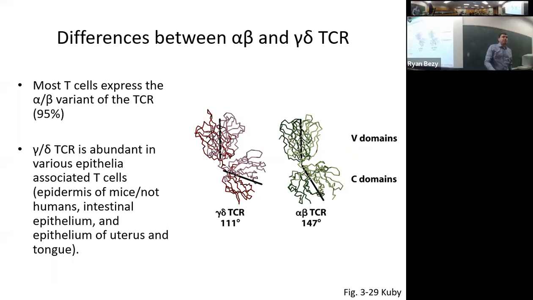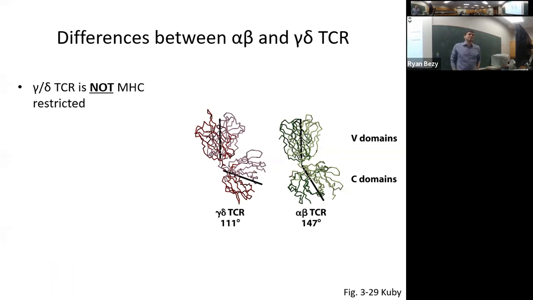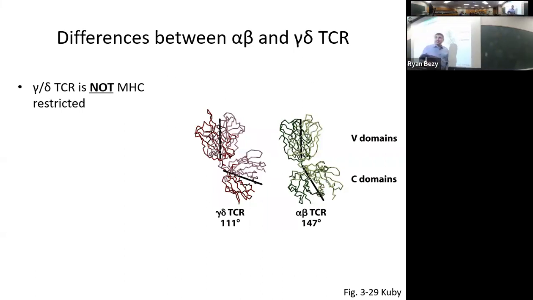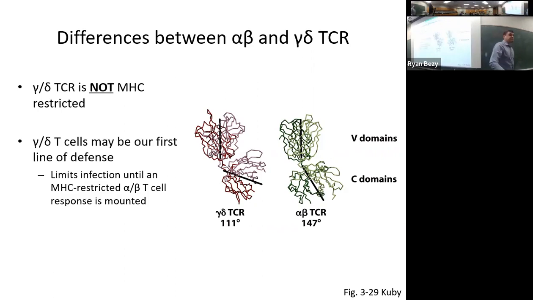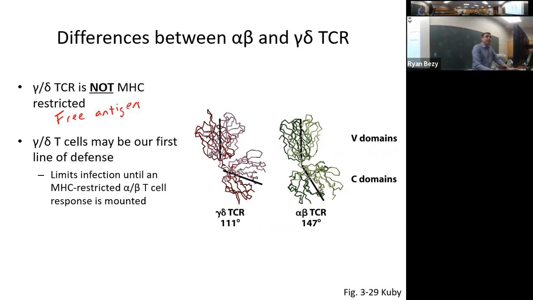So remember, about 5% of cells are gamma delta T cells, and it turns out gamma delta T cells are not MHC restricted. If they have a gamma delta T cell receptor, they actually bind free antigen, similarly to what antibodies and B cell receptors do.